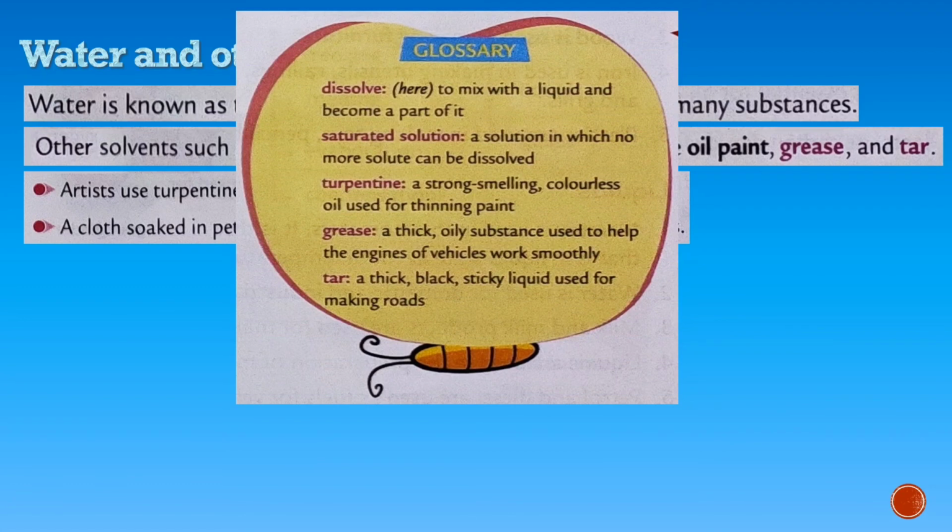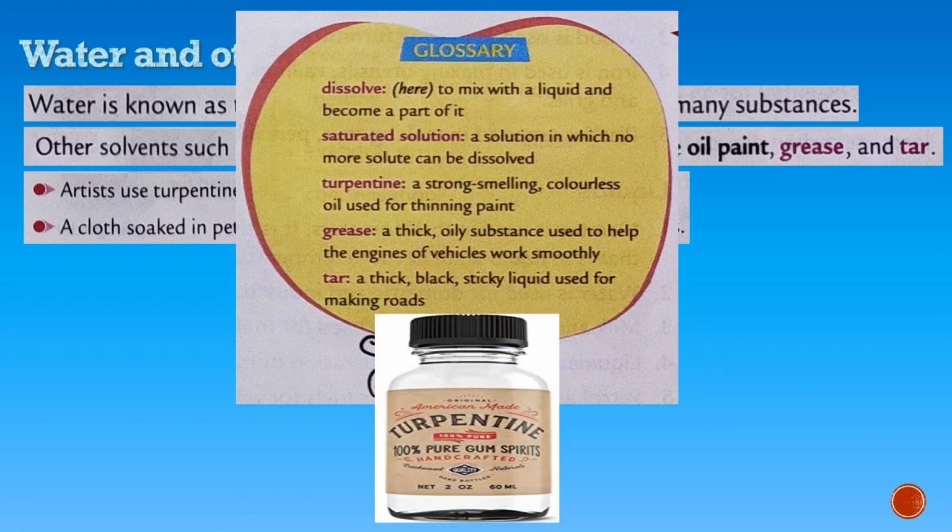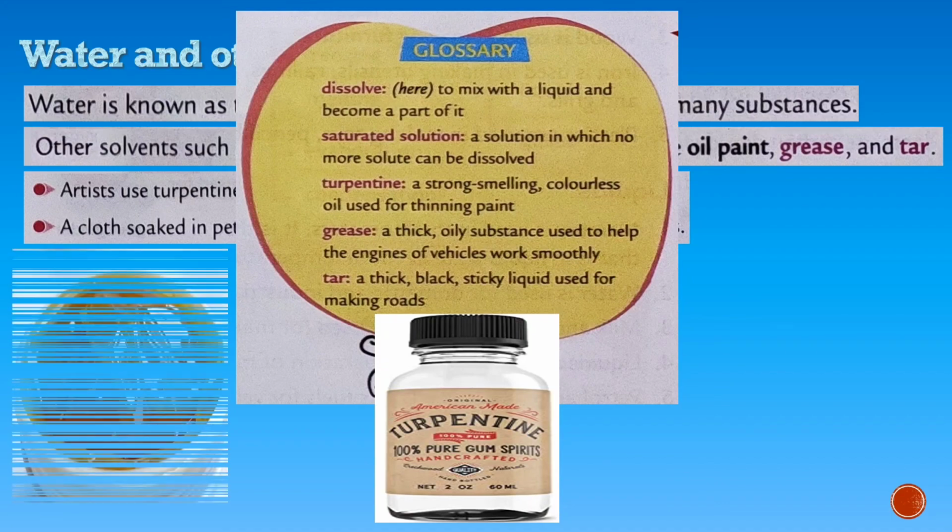Now let us look at the glossary. Dissolve here means to mix with a liquid and become a part of it. Saturated solution, a solution in which no more solute can be dissolved. Turpentine, a strong smelling colorless oil used for thinning paint.